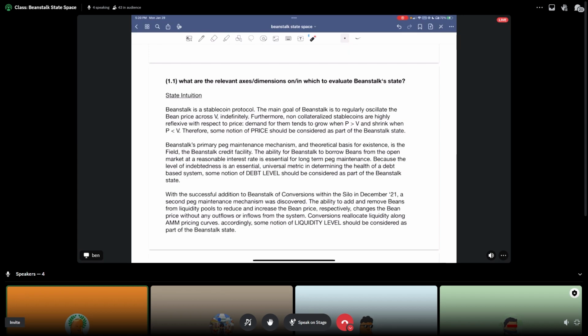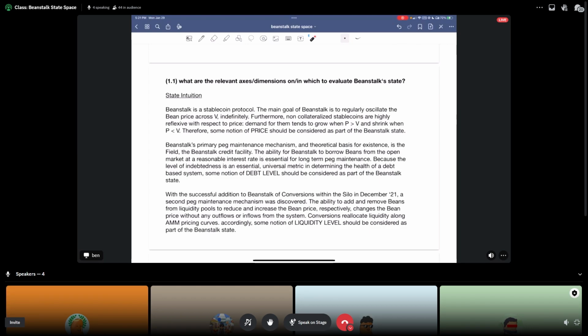Now, Beanstalk's primary peg maintenance mechanism up until the Seagate system has gone live, and the theoretical basis for its existence, Beanstalk is a credit-based stablecoin, is the credit facility, and the ability for Beanstalk to borrow beans at a reasonable interest rate is obviously essential for the long-term health of the system.